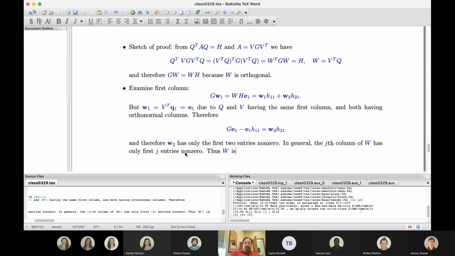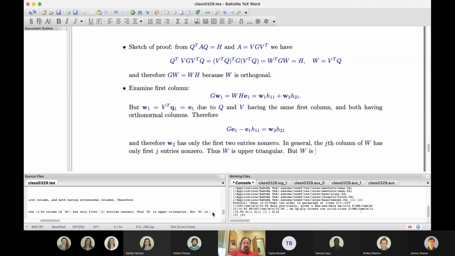What kind of matrix must W be then? So the first column has 1 non-zero entry, the second column has 2, the third column has 3, and so forth, and all at the top. Upper triangular? Yes, W is upper triangular.